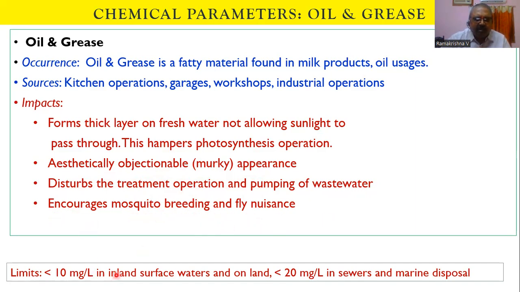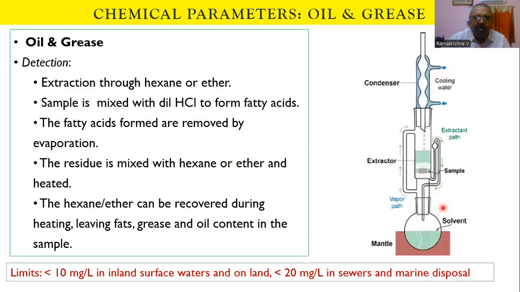So in inland surface water, if you are discharging wastewater, it should be less than 10 milligram per liter as oil and grease, or less than 20 milligram per liter when it is disposed into sewers and marine disposal. How are you going to detect this oil and grease?